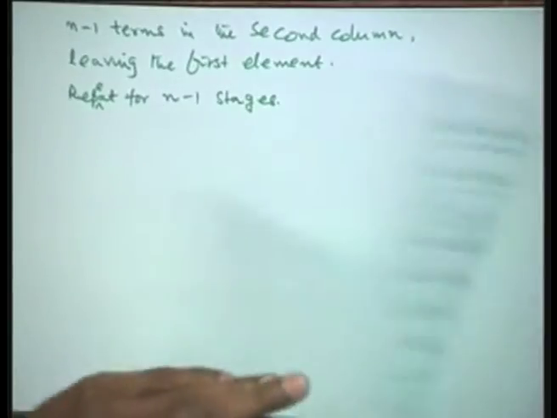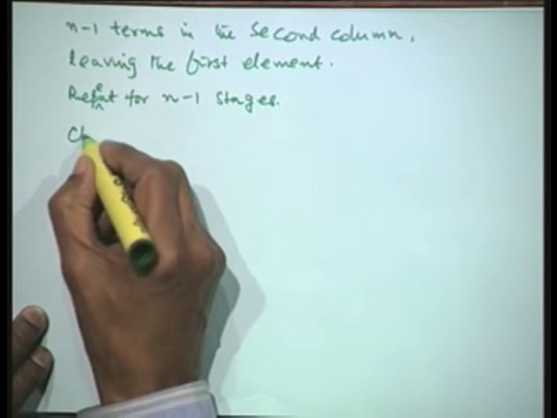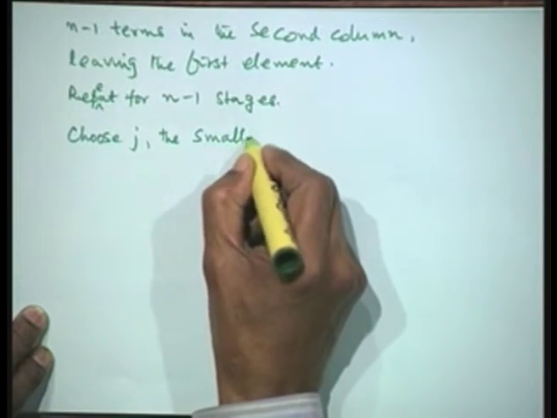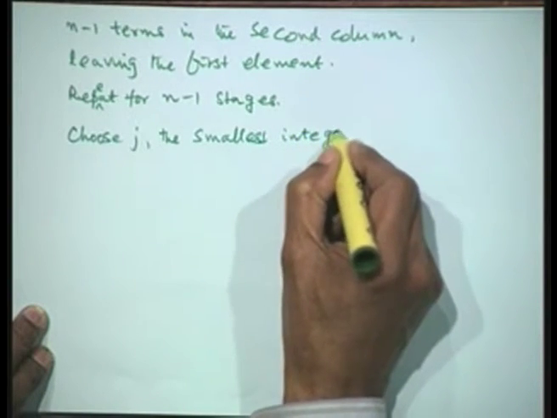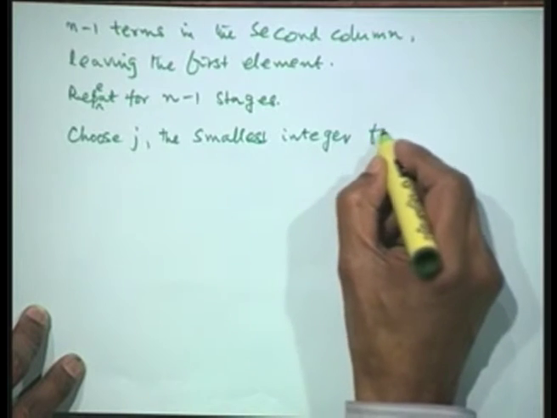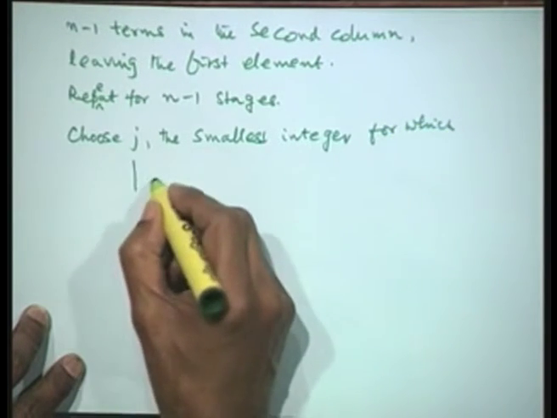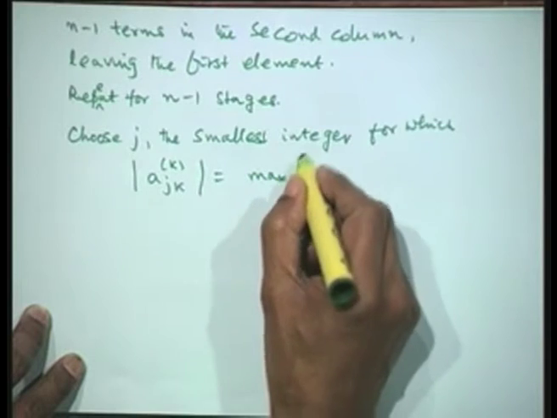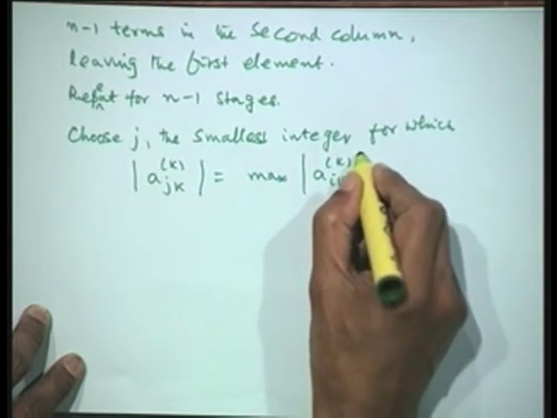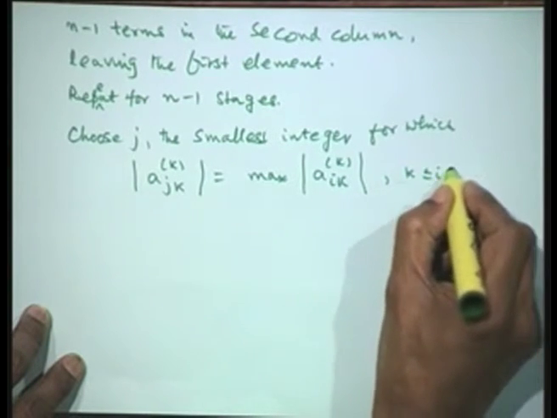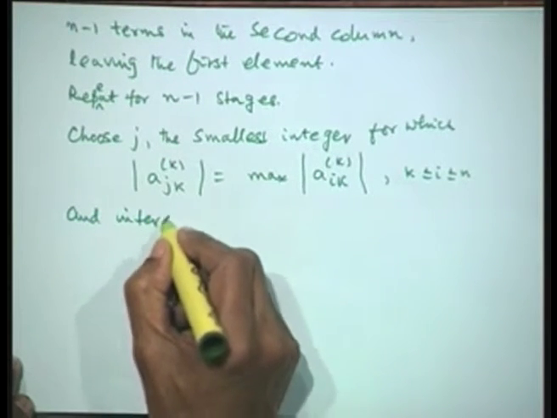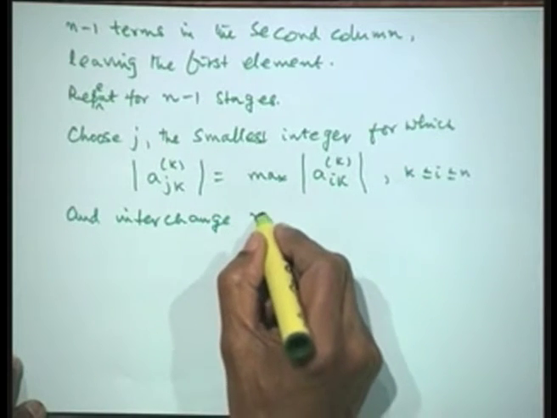Mathematically, let us write this down. We shall choose j, the smallest integer for which the magnitude of a_jk at any particular pivoting time is equal to the maximum of |a_ik| for all k ≤ i ≤ n, and interchange rows k and j.